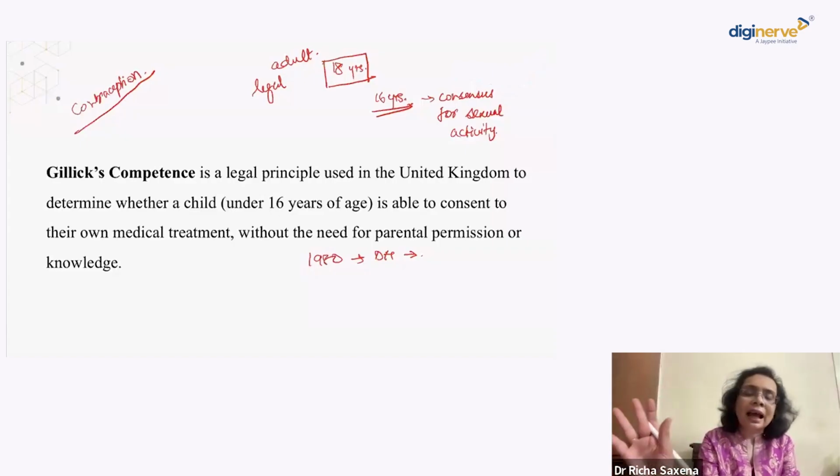In that case, the doctor has the right to prescribe them contraception without involving the parents.